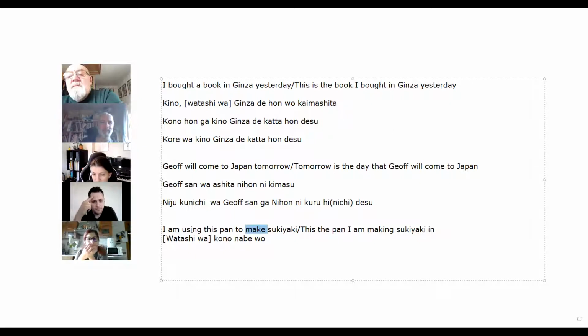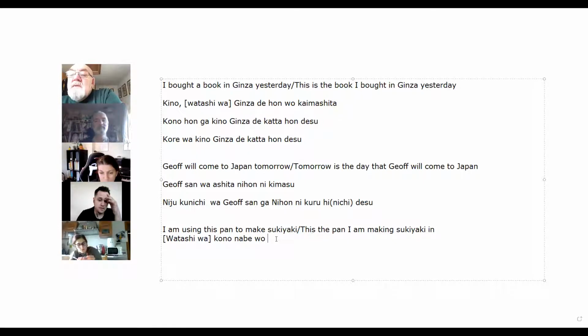Because watashi wa is at the beginning. So you're saying I am using. So how could this be put as a compound? You could, but I think you'd probably feel more confident using tameni.